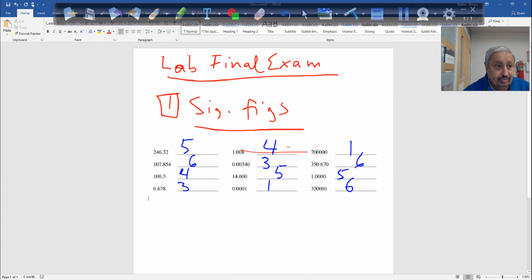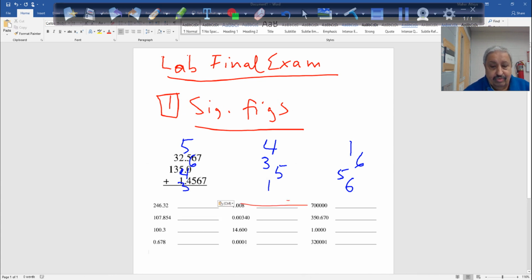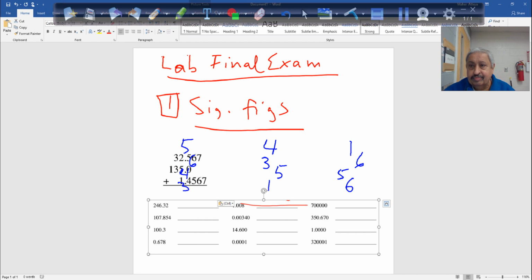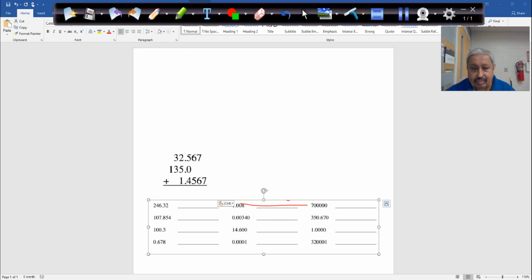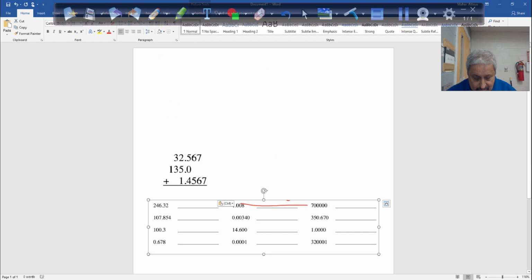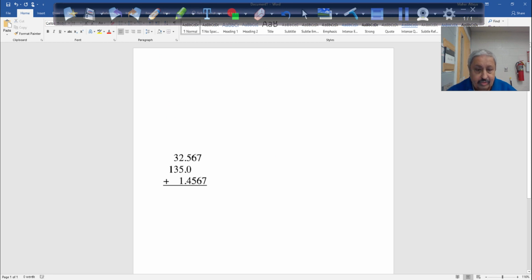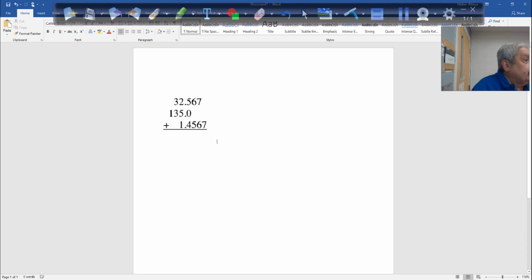So taking this one here. Now this one is done already. So we can take this one here out. Now we want to see what's the answer for this addition or subtraction. We are still in the sig figs. What's the answer here? Somebody has it?